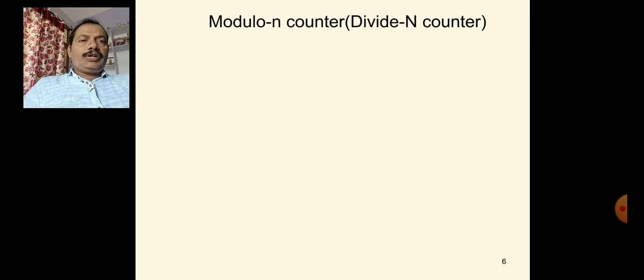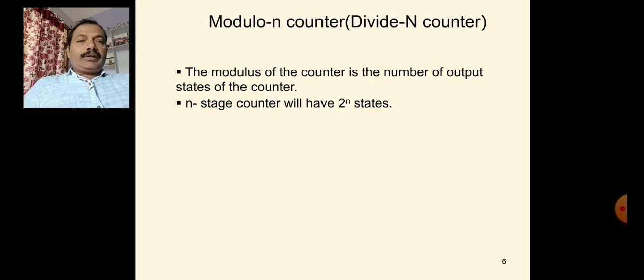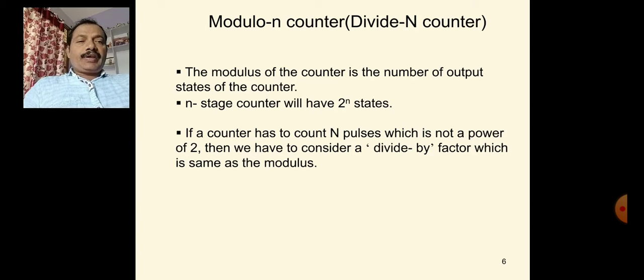Next, modulus n counter can be called a divide by n counter. That is, modulus of the counter is the number of output states of the counter. N stage counter will have 2 power n states. If a counter has to count n pulses, which is not a power of 2, then we have to consider a divide by factor which is same as the modulus.